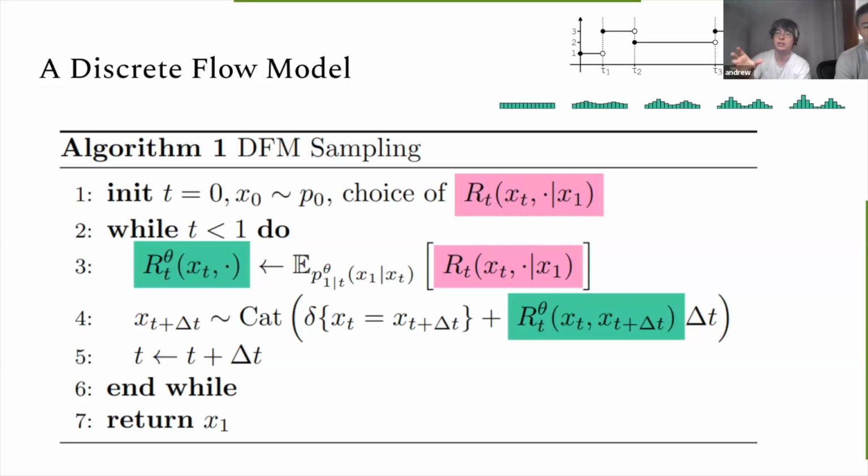And to do that, like we saw previously, the jump probabilities are just given by the rate matrix multiplied by your integration time step delta t. So you just sample from those jump probabilities, and then you iterate this process, just doing these Euler integration steps in a similar way to how you would integrate a diffusion model.